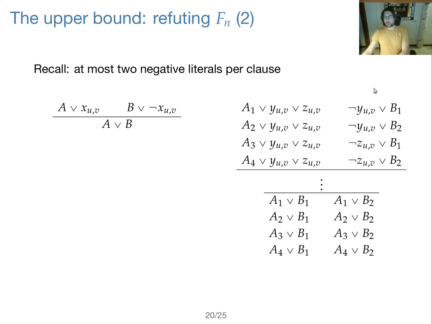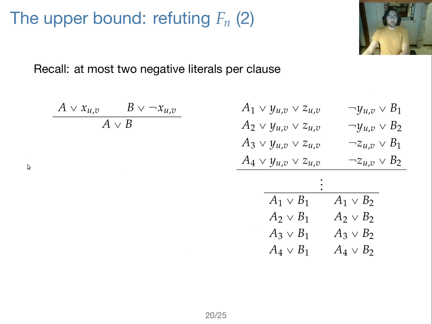Now, if we do all the possible resolution steps between these variables, we obtain 8 clauses: A1 or B2, A2 or B1, and so on. These 8 clauses essentially represent the lifting of A and B, because A1, A2, A3, A4 and B1, B2 are the lifting of A and B. But there are 8 clauses.